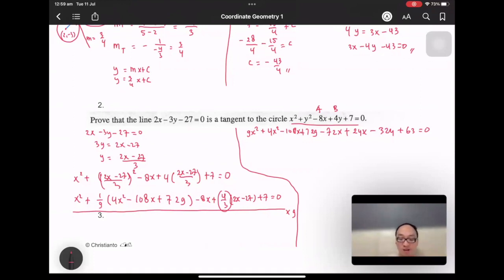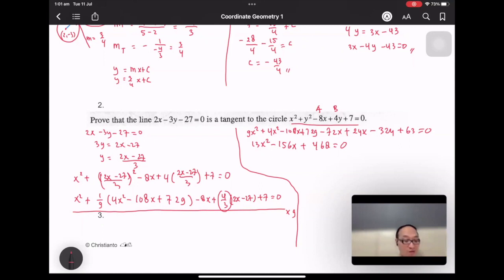So we can simplify: 13x squared minus 156x and then plus 468 equals to 0.